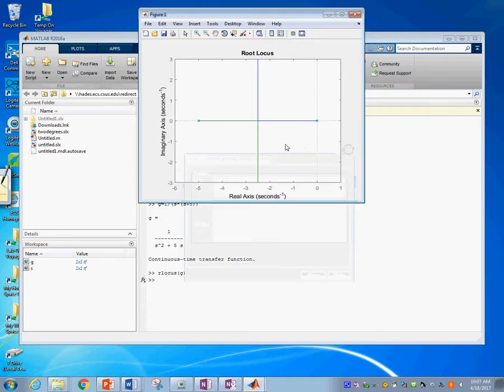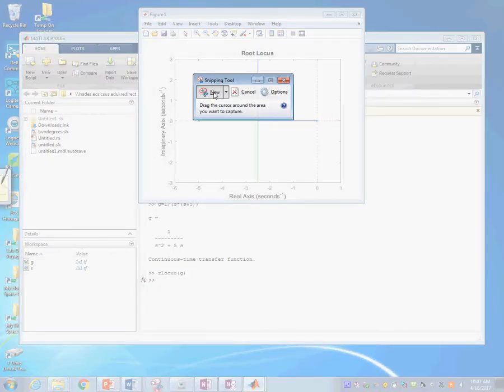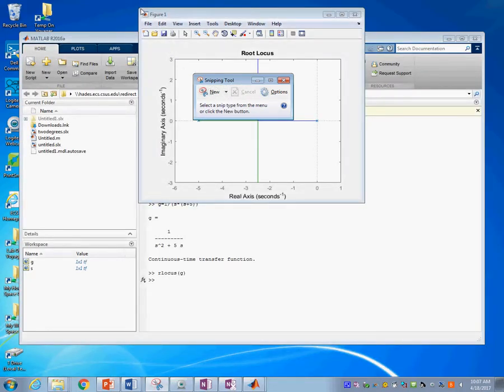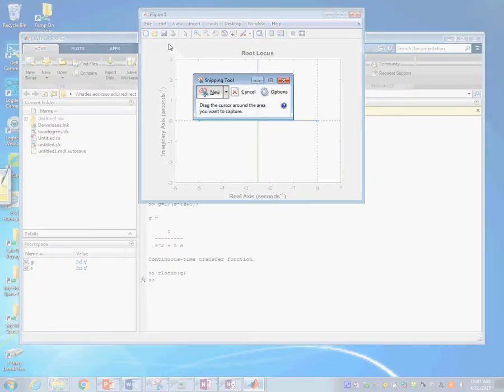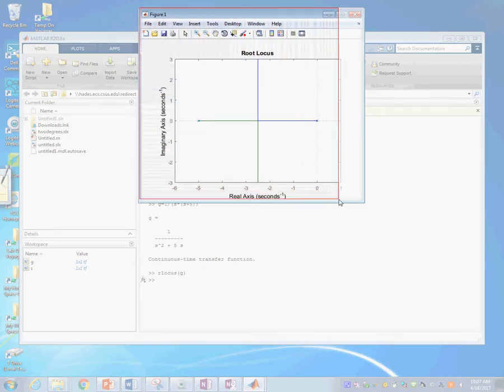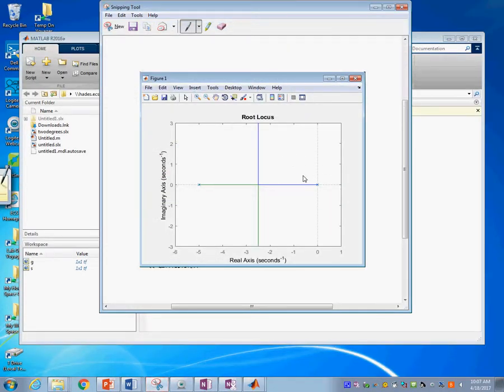So that's why this is blue, the other one is green. Let me try this and see if it allows me to write on it. What I was trying to say is it starts over here, and then the blue one is going this way, and then as k goes up, goes this way.